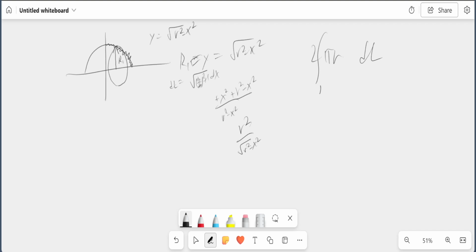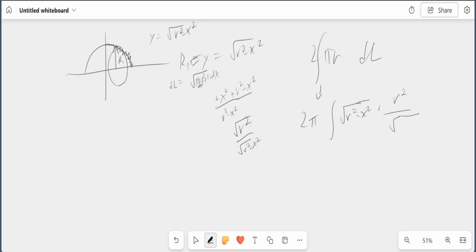So this becomes 2 pi times the square root of r squared minus x squared times r over the square root of r squared minus x squared. Sorry, there should be a square root up there as well, right? I'm skipping over a lot of steps. Let me know if anything is unclear right away, so I can go back and fix it. Is anything unclear so far?